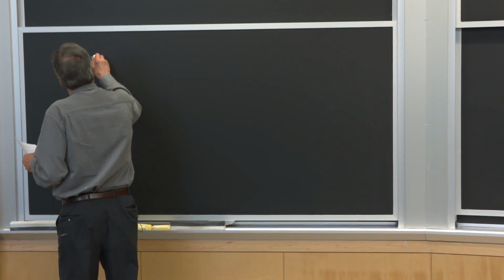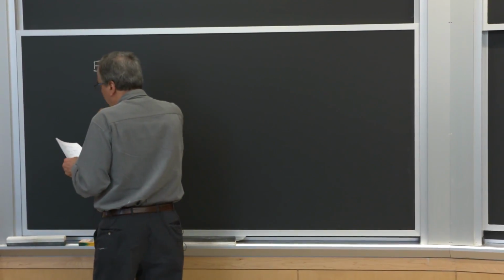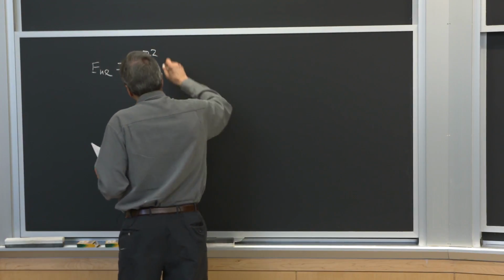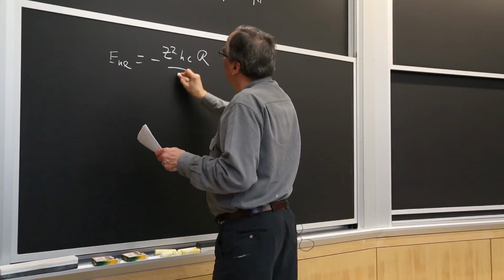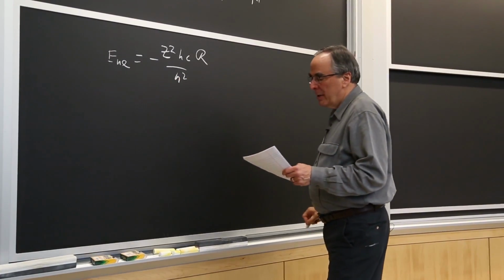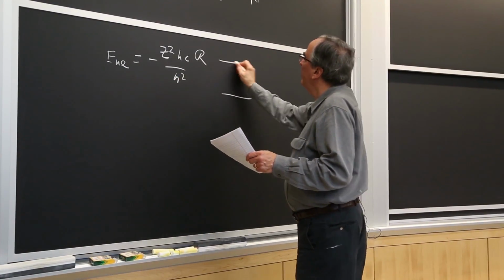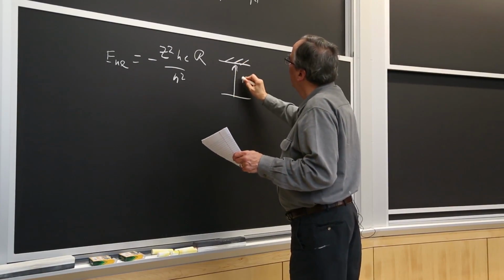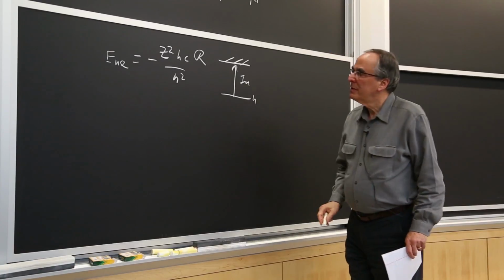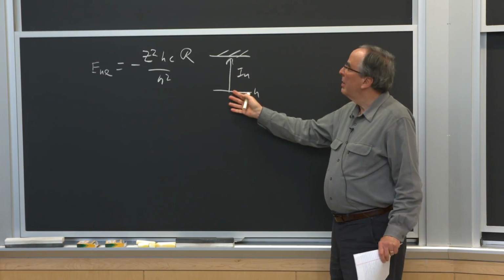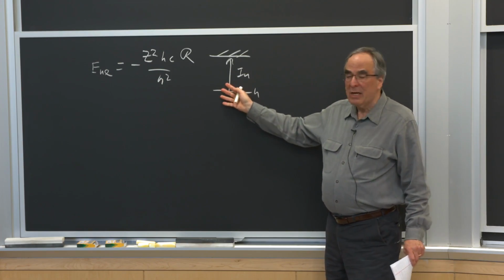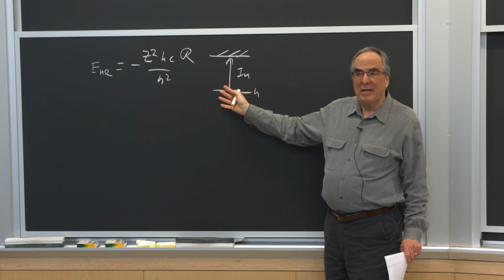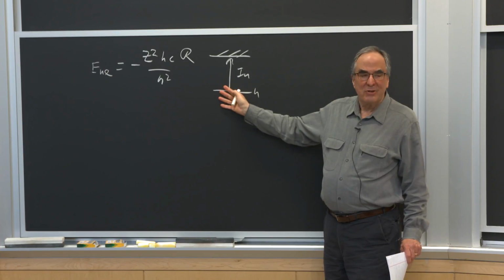The energies for hydrogen are minus z squared hc times the Rydberg over n squared. And we have the ionization energy from the nth level. And so this actually is the way we make a link to the concept of electronegativity, because the dominant thing in electronegativity is the ionization energy.